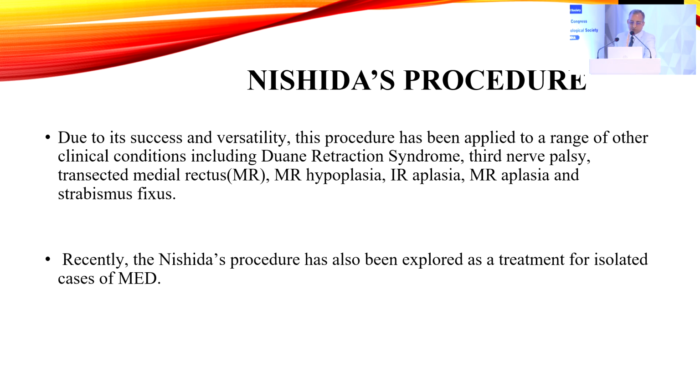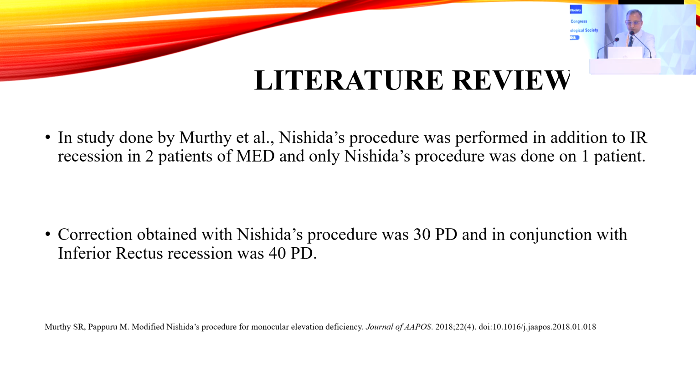So this Nishida's procedure, due to its success and versatility, has been applied to a range of other clinical situations, including Duane's retraction syndrome, third nerve palsy, transected medial rectus, MR hypoplasia, and sixth nerve palsy. And recently, there were case reports of Nishida's procedure being tried in isolated cases of MED.